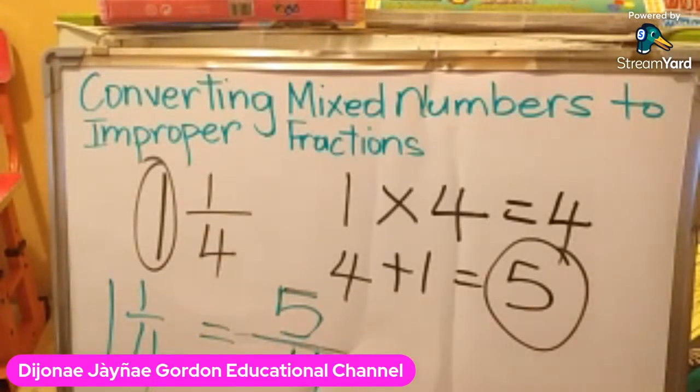A mixed number is made up of a whole number and a proper fraction. So 1/4 right here is a proper fraction. Why? Because the numerator is smaller than the denominator.